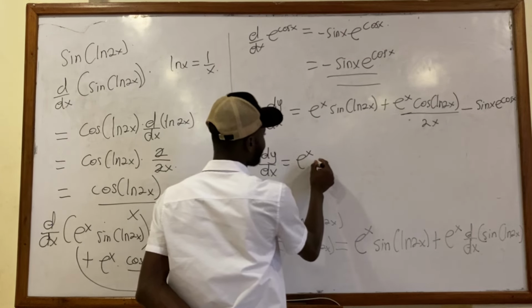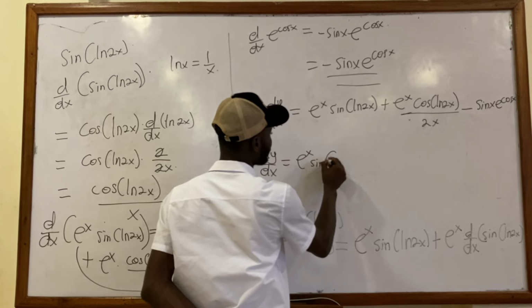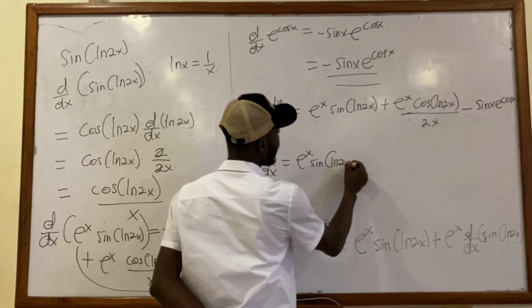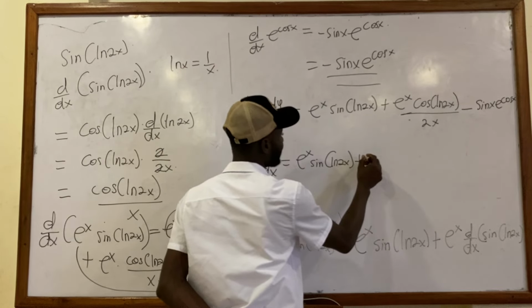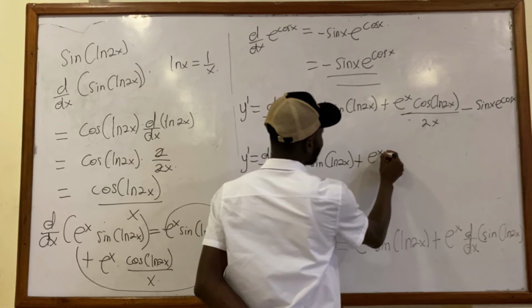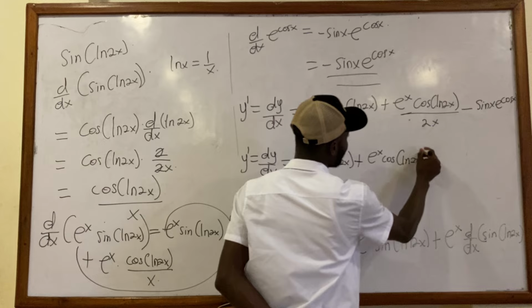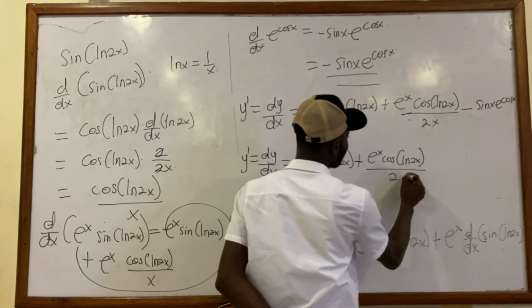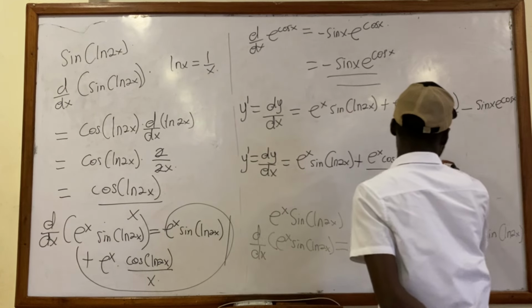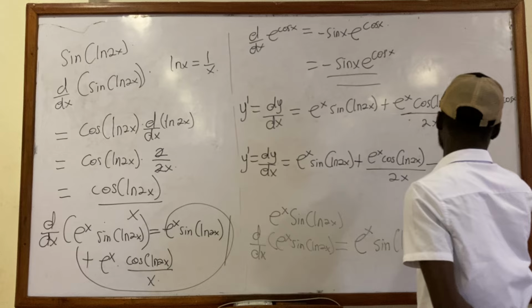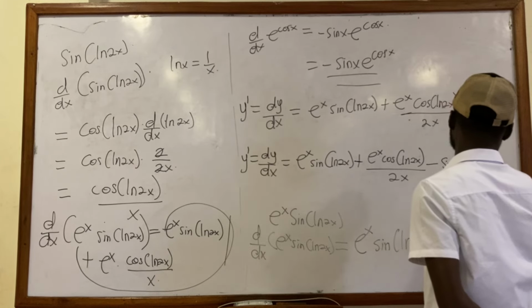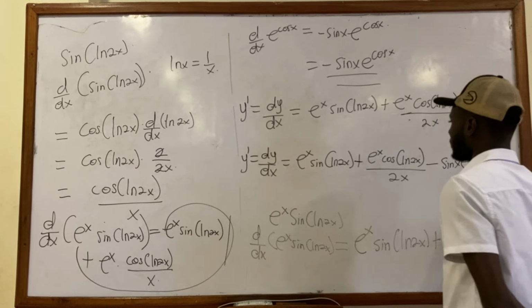e^x sin x · ln 2x + e^x cos x all over 2x minus sin x e^(cos x).